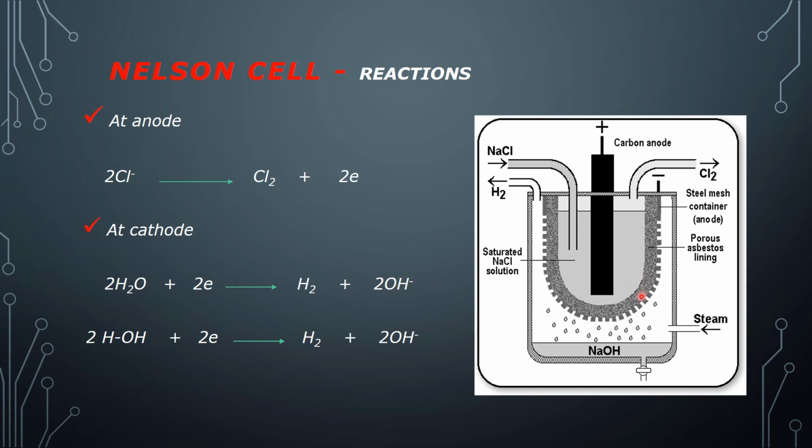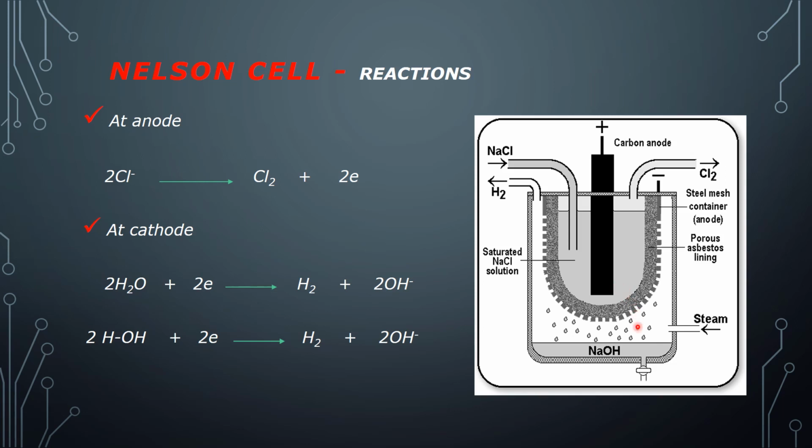The steel cathode is lined with asbestos to prevent the backward movement of hydroxyl ions which may reach the anode, because hydroxyl ions also carry negative charge and they could also be oxidized instead of chloride ions. In order to prevent hydroxyl ions being oxidized, it is lined with asbestos so that the hydroxyl ions produced at steel cathode cannot move backward towards carbon anode.